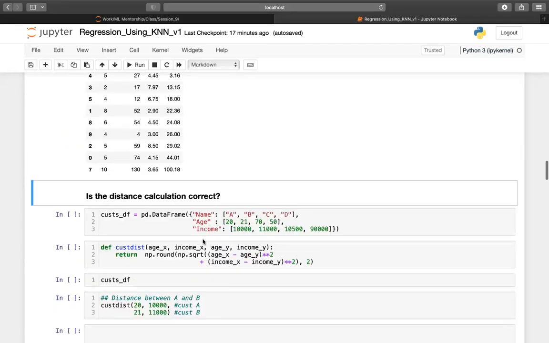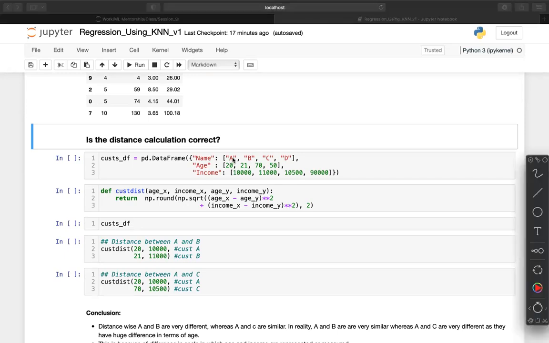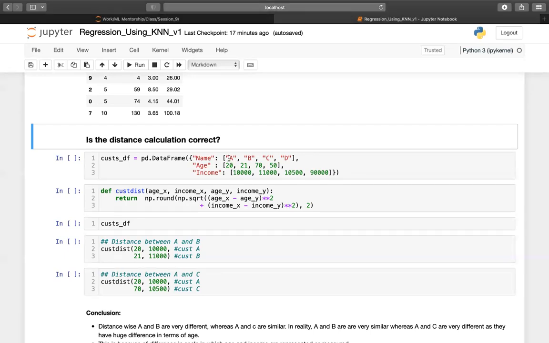So let's look at another example where we want to find the distance between customers. We want to find out which customers have similar behavior or demographics compared to the other customers. This is a data frame created with information about only 4 customers to understand this concept.